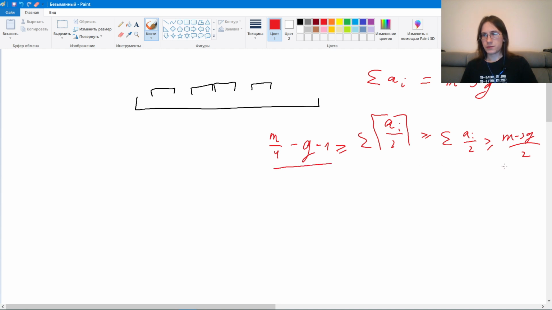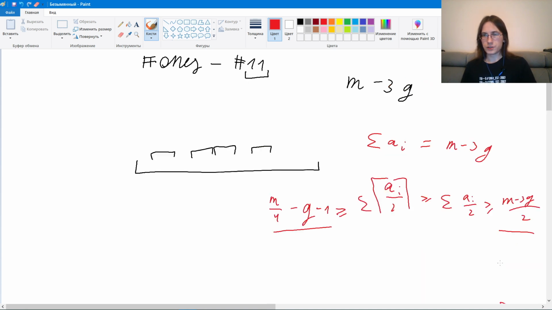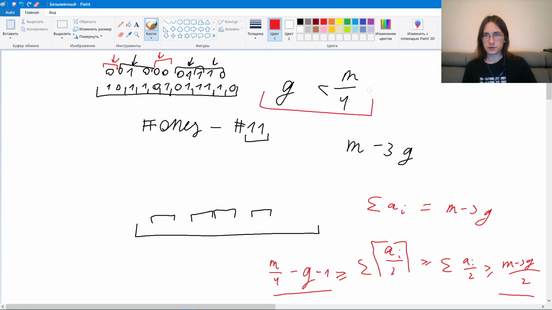Let's rewrite this inequality. So it turns out that g is strictly larger than m over 2, which obviously contradicts this statement.